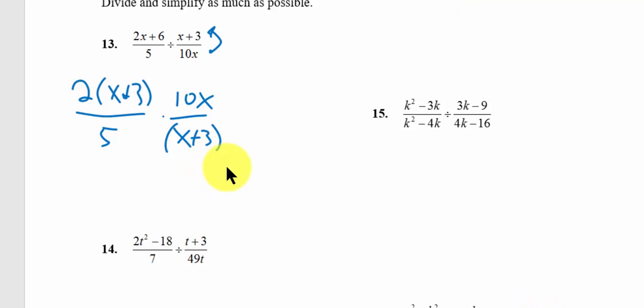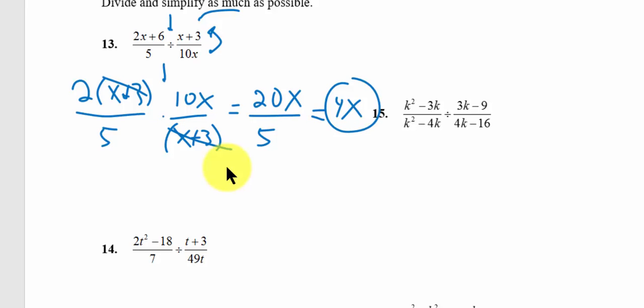And notice my sign changed from division to multiplication. So we take the reciprocal of the second fraction, change the sign from division to multiplication, and then cancel where you can. I could cross cancel the 5 and the 10, or I could simply write 20x over 5, which we know becomes 4x.